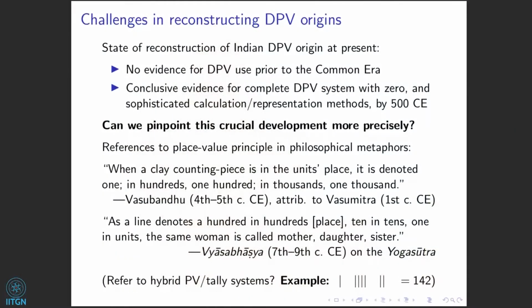Similarly, a later commentary on the Yoga Sutra of Patanjali makes this nice simile of a line denoting 100 or 10 or 1, depending which place it's in. The same woman can be referred to as a mother or daughter or sister.